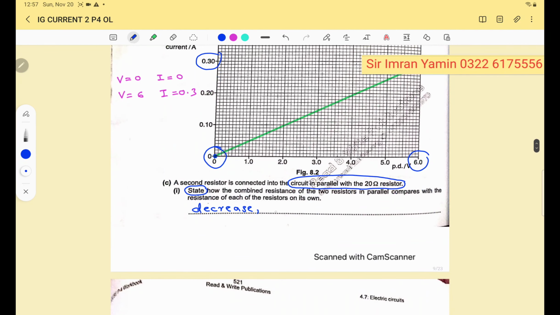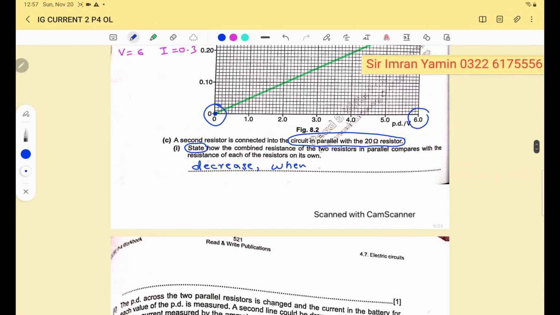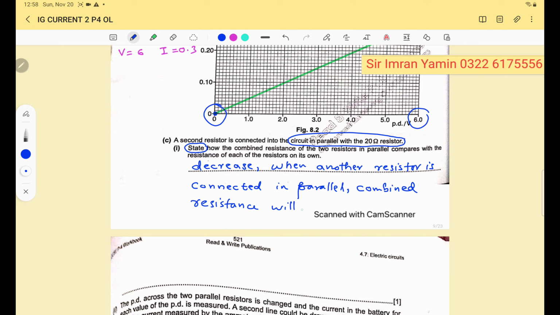So the answer is: when another resistor is connected in parallel, the combined resistance will decrease.